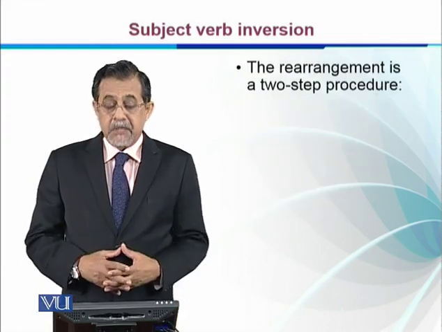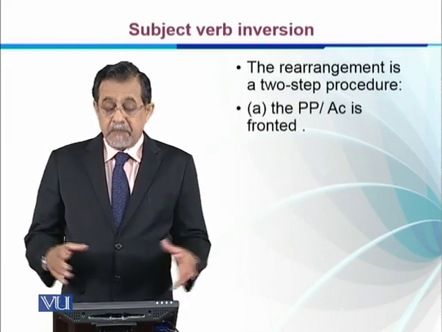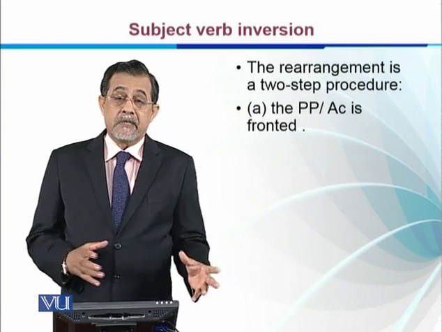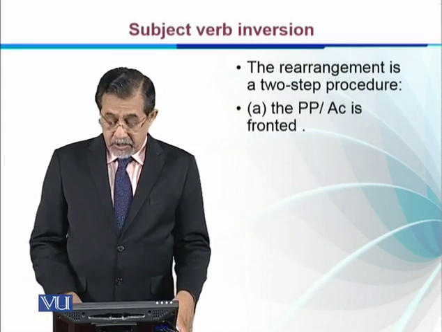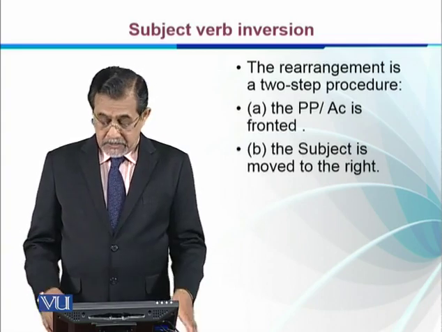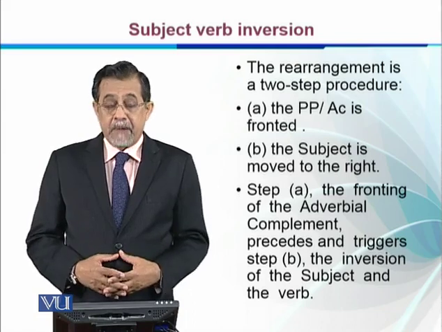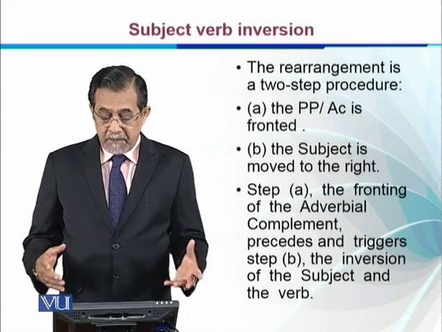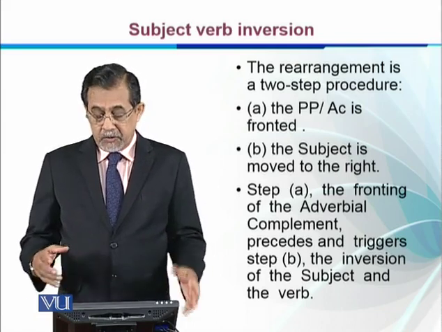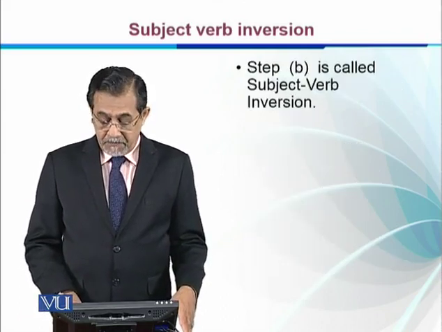So the rearrangement is a two-step procedure. What we have done is the PP, the adjunct complement, is fronted: round the corner or round the street. The subject is moved to the right. So step A, the fronting of the adverbial complement, precedes and triggers step B, the inversion of the subject and the verb.